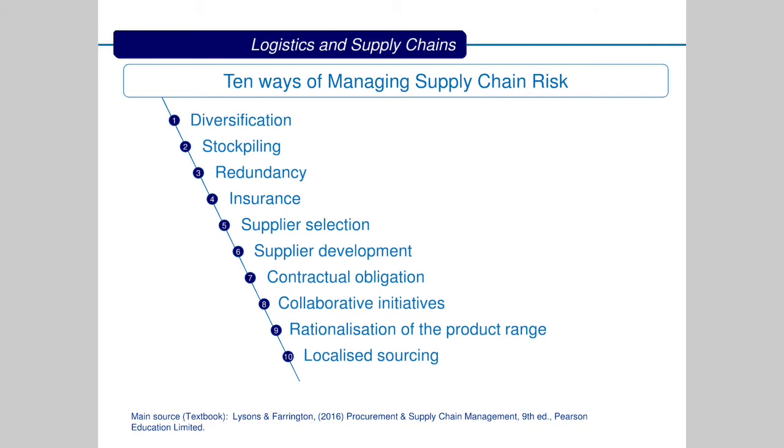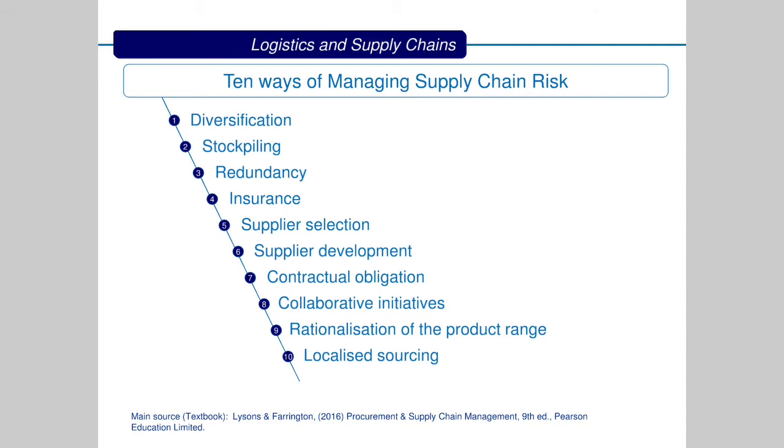So you are hedging the risk by writing it in a formal contract, so that if anything goes wrong on that side, the other party will be responsible. Collaborative initiatives: sometimes organizations start collaborating, they do things as a whole, as a sister concern, so that makes the risk less.